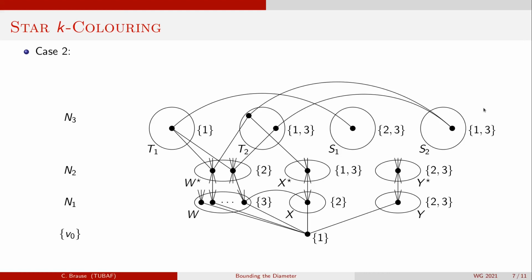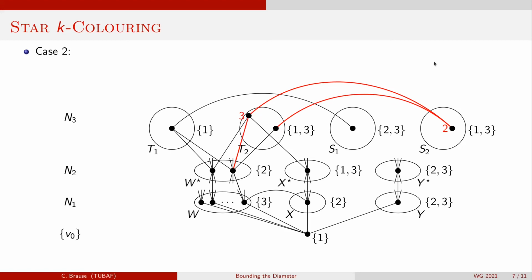Furthermore, let S2 be the set of vertices which have no neighbor in W star, but at least 2 neighbors in T2. So we can assign color 1 and color 3 to such a vertex, but not color 2. For a contradiction, suppose we assign color 2 to such a vertex. As there are no bichromatic 4 paths, we find that the 2 neighbors in T2 have to receive different colors.